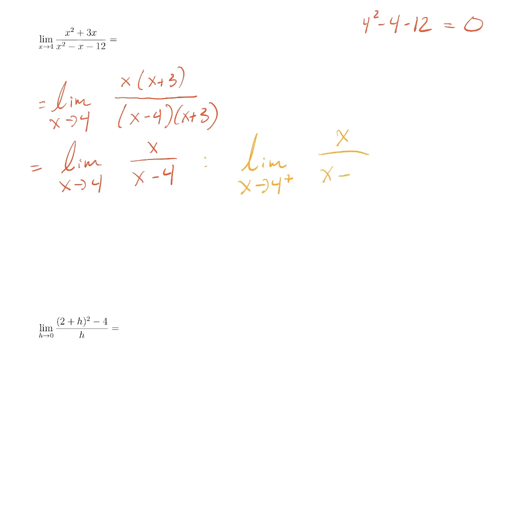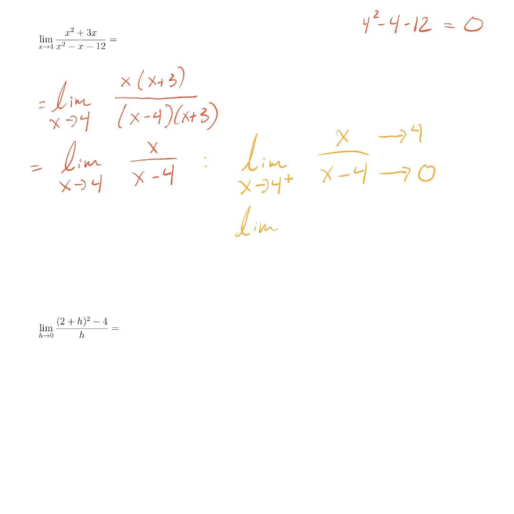So let's see, if we think about the right-hand limit, what's happening in the numerator? Well, as x approaches 4, x is approaching 4. What's happening in the denominator? We have x is larger than 4, but getting closer to 4. So it's positive, but approaching 0. If we have a constant over something getting really, really small, that whole ratio is getting really, really large.